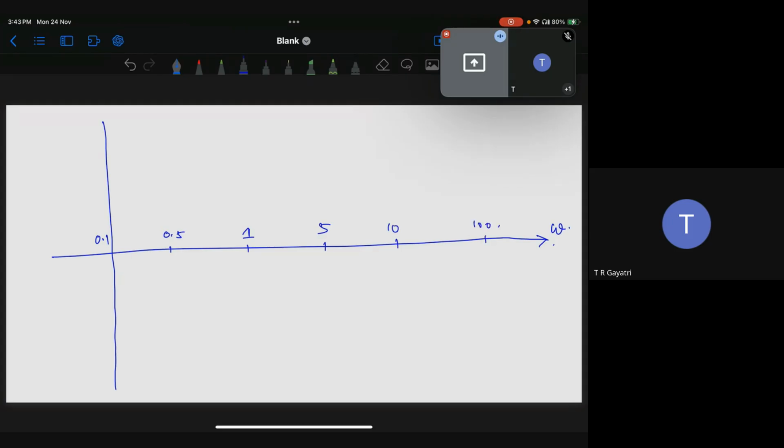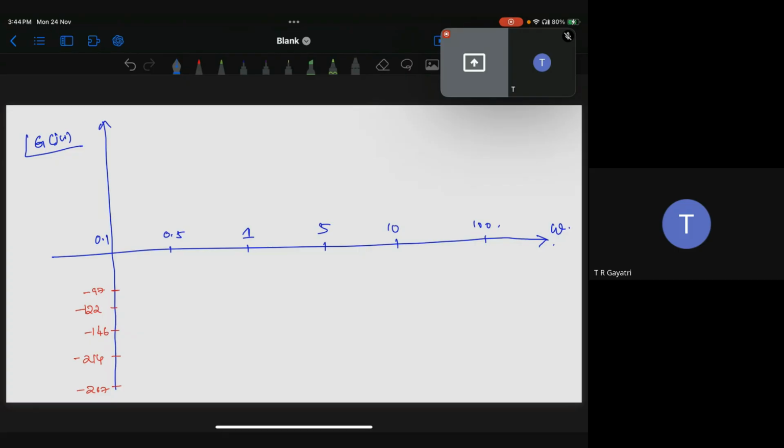Okay, so this is angle G of j omega. So at 0.1 you're getting minus 97, at 0.5 it is minus 122, at 1 it is minus 146. Then at 5 it is minus 214, and at 100 it is close to minus 267.